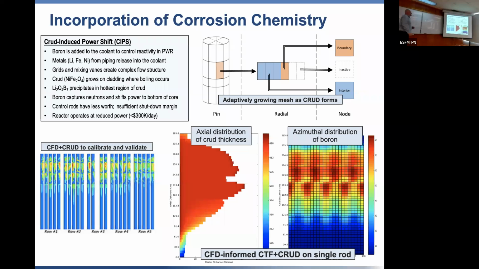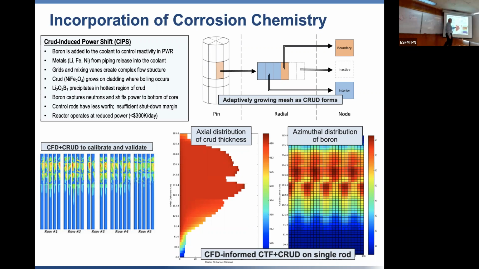And here in this picture, it's showing 8 regions azimuthally. I think our default was 12 regions azimuthally. And instead of this being 1 centimeter, there were about 8 or 10 mesh cells axially for each one of those 1 centimeter cells. On each one of these little faces, we needed to do a crud growth model.